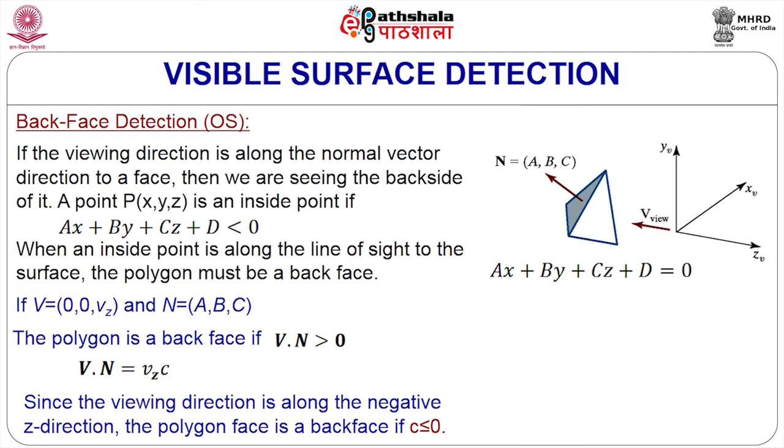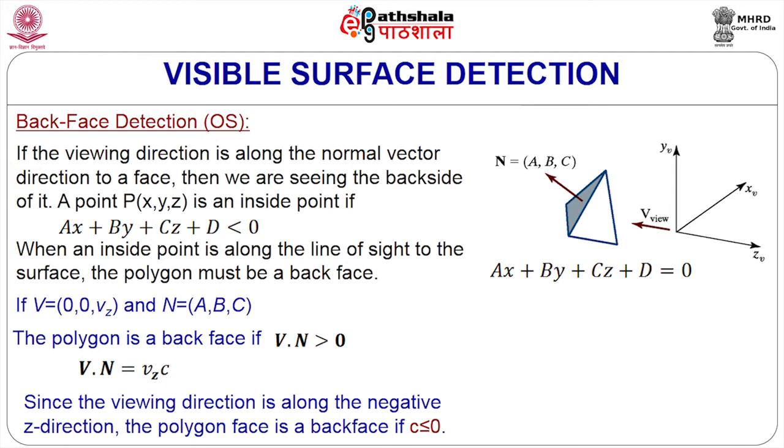So, from the discussion given here, it is evident that where the viewing direction is along the normal vector direction to a face, we are seeing the back side of it. A point (x, y, z) is an inside point, as you know, given a plane equation. An inside point is something that lies on the plane, okay. An outside point is away from the plane, okay.